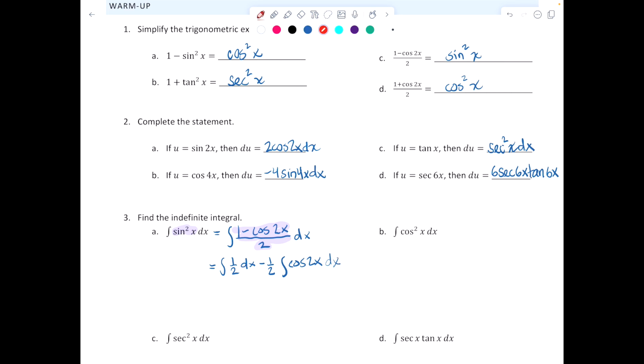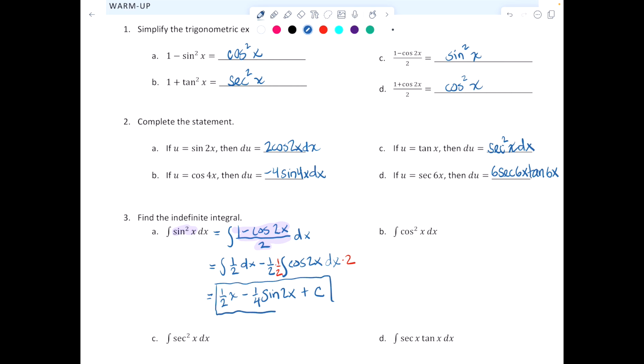Now we're going to need a 2 for that angle for our g prime, because g is 2x. And so that means we'll have to multiply by 1/2 on the outside of the integral. And then we will get 1/2 times x minus 1/4 times sine at 2x plus a constant of integration.